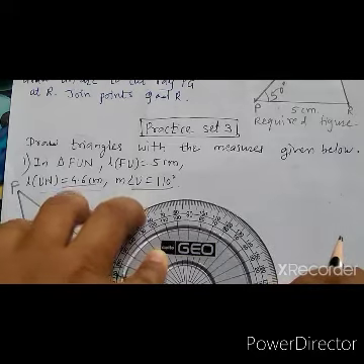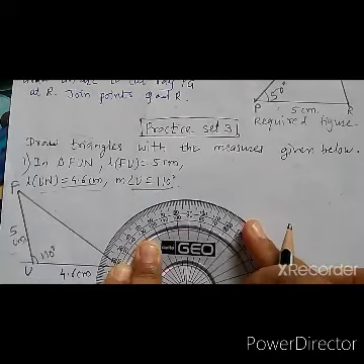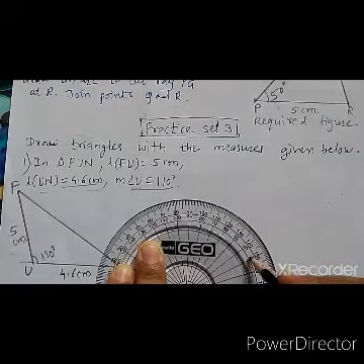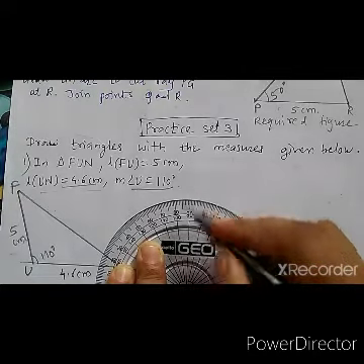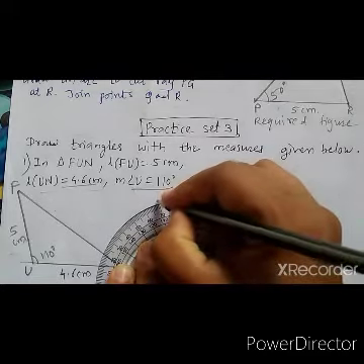So we have to draw angle U at point U, and angle U is given 110 degree. See the direction of the line, it is on the right hand side. So start from this side. 0, 10, 20, 30, 40, 50, 60, 70, 80, 90, 100, and here 110.